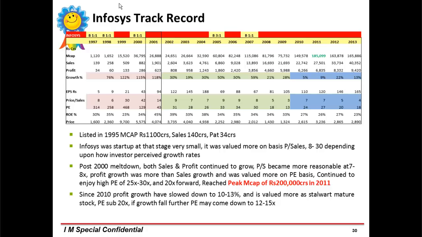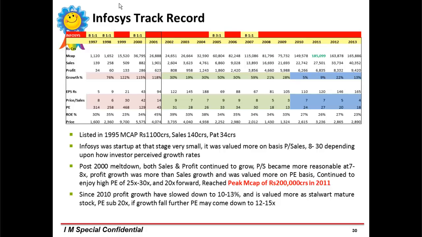From 1997 to 2000, Infosys profit grew from 34 crores to 286 crores. So at that time it was valued on a price to sales basis of 8 to 30. In 2000 or 2001 we had this IT meltdown, but still in 2001 Infosys continued to grow. Look at the profit.